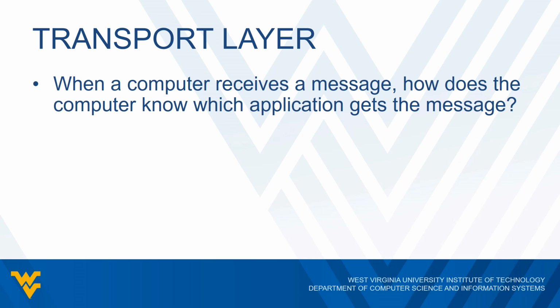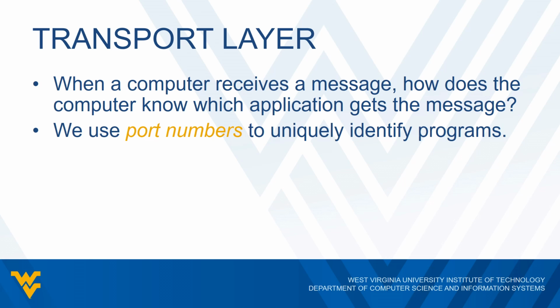So we need a second level of address that identifies not only a specific machine, but also the specific program on that machine. And this program identifier, which we usually denote with a small integer, is what we call a port number. So we use this to uniquely identify the program that we want to send the message to. So it's similar to the address that we were talking about before.